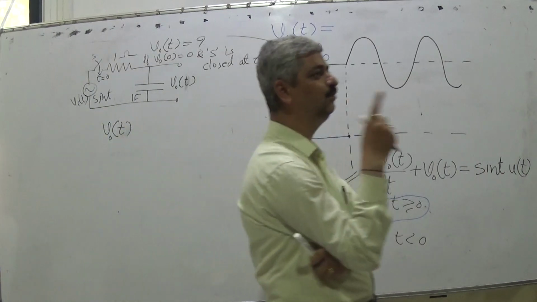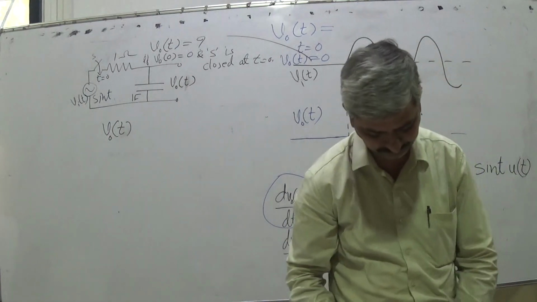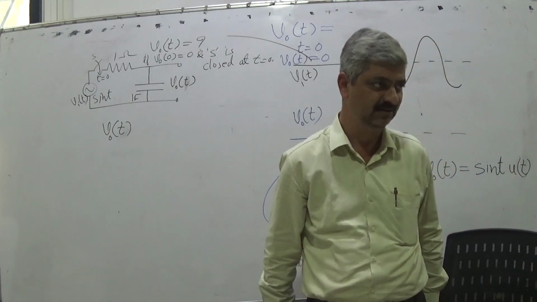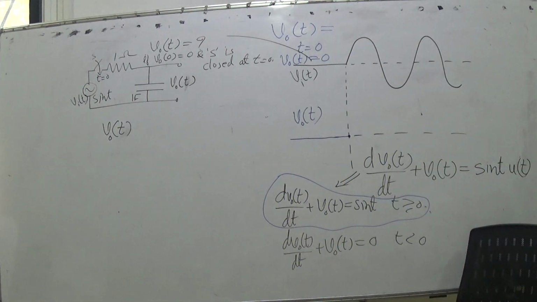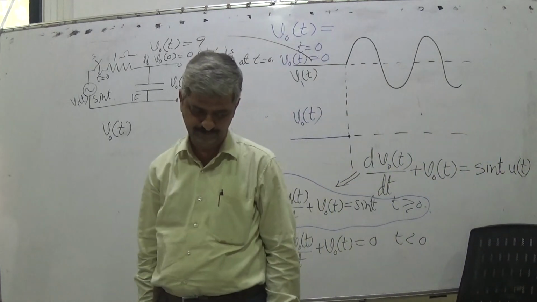So one peculiarity of a sinusoid: the sine function is said to be an analytic function. Even if you differentiate it any number of times, the derivative of sine is cos and the derivative of cos is minus sine, so it is always a sinusoidal function.